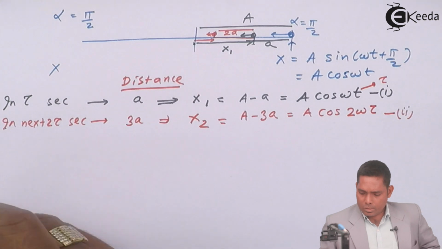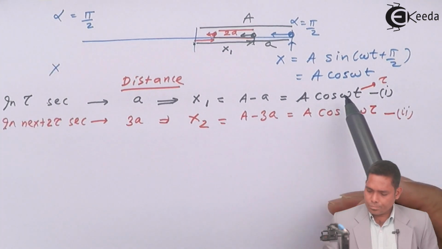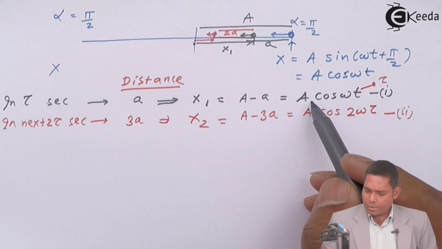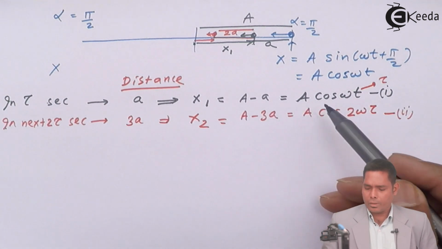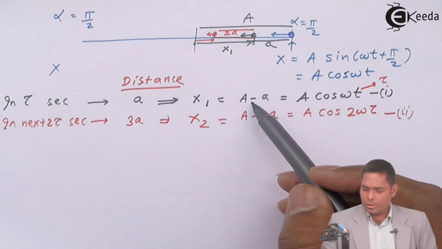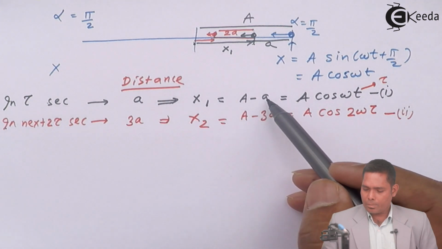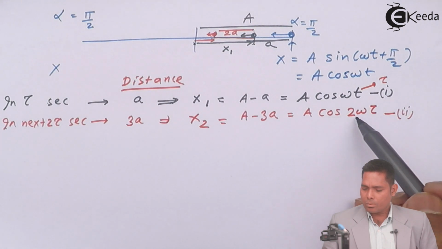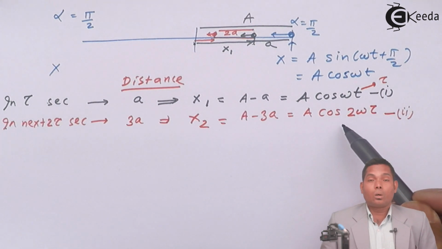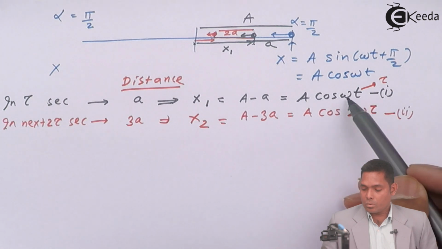Now if I solve the equation, how to solve this equation to get the value of a? This is an equation consisting of a, small a, and cos of omega t. This is also cos of 2 omega tau. Now how to eliminate this cos omega t?